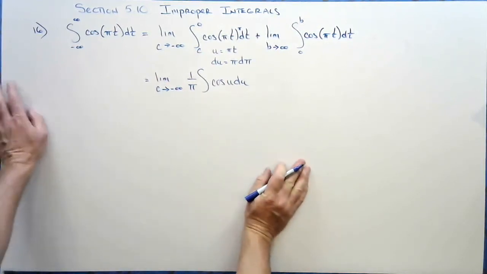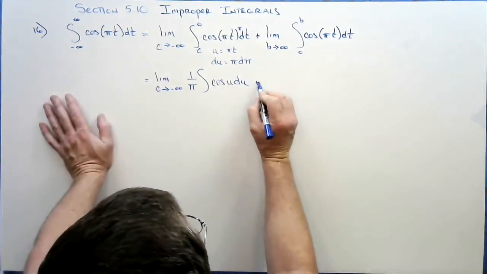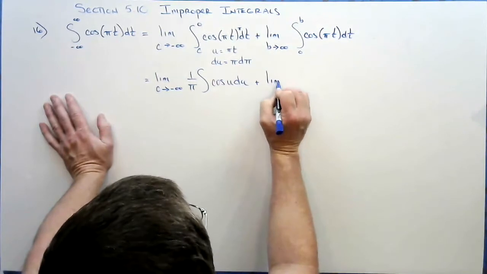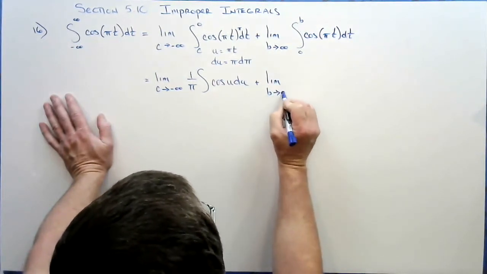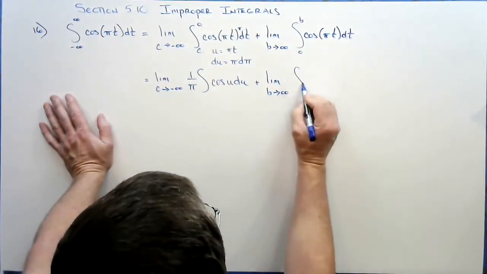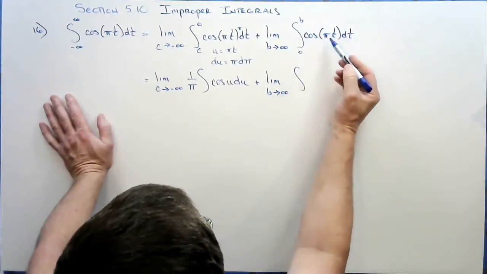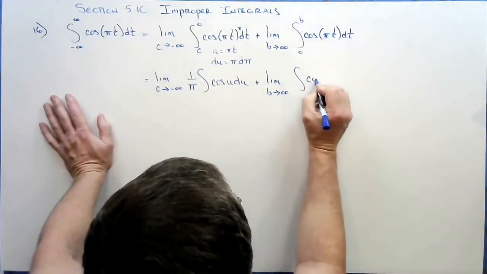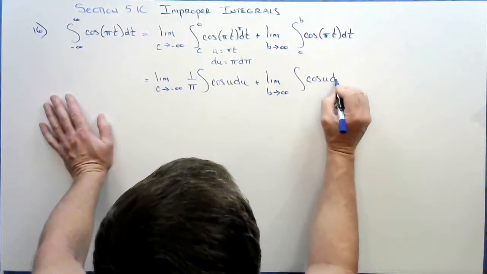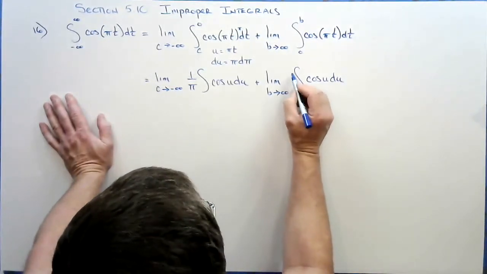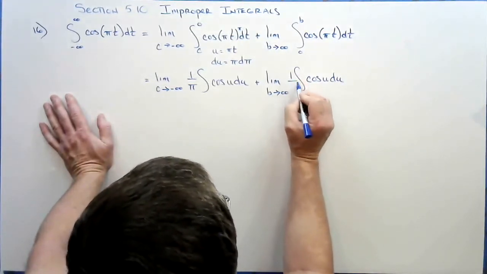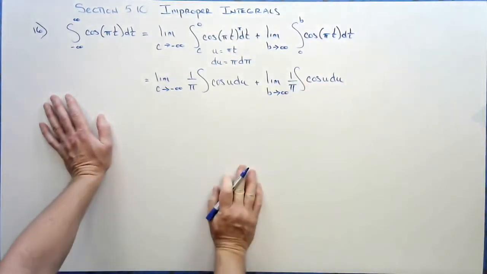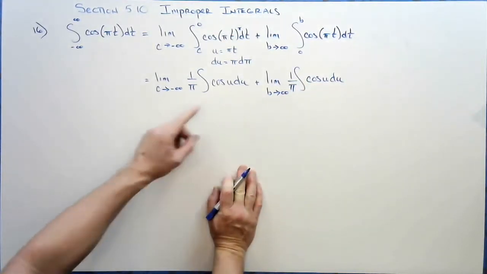There we go. Over here, then we're going to have plus the limit as b approaches infinity of the integral, no bounds, because this is the same u sub. So this will be cosine of u du. And we still need our 1 over pi from our u substitution. When we integrate cosine, we get sine.